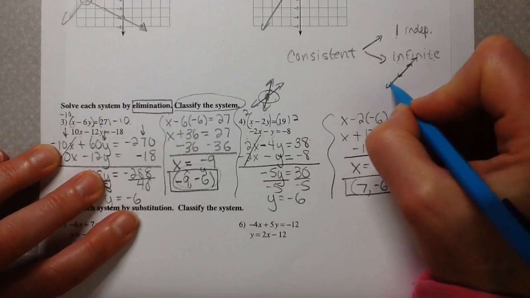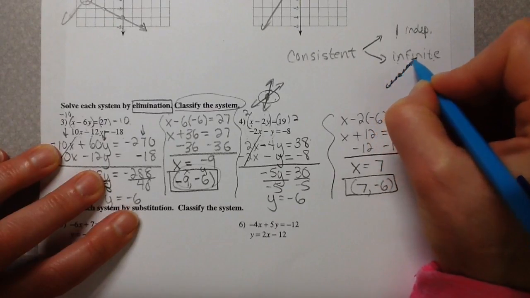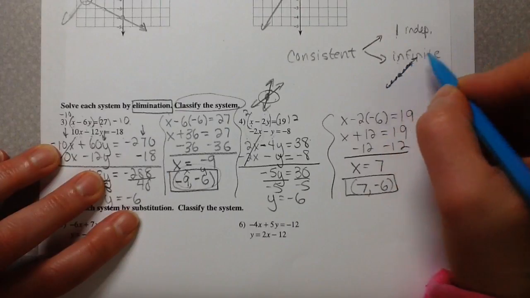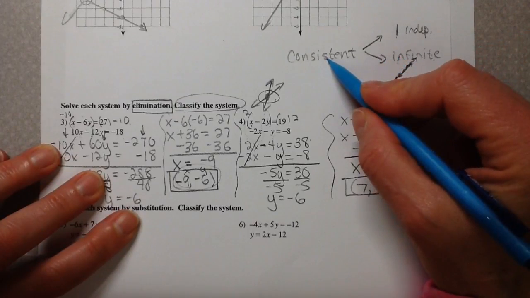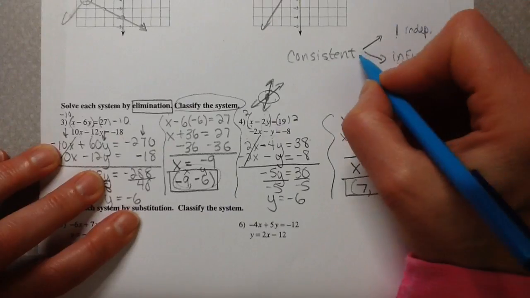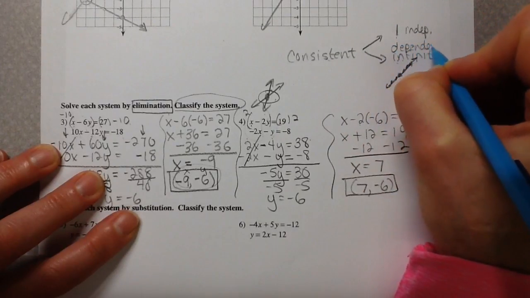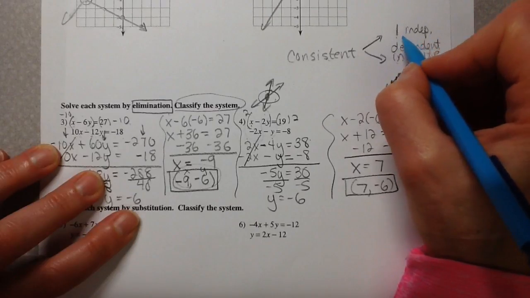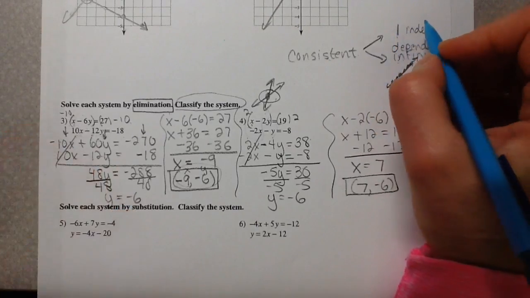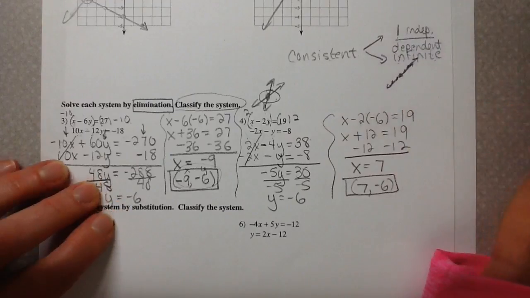So remember, solutions happen wherever the lines intersect. So these two lines depend on each other. They're right on top of each other. So if it's consistent with an infinite number of solutions, we call it consistent dependent. And if there's only one solution, we call it consistent independent.